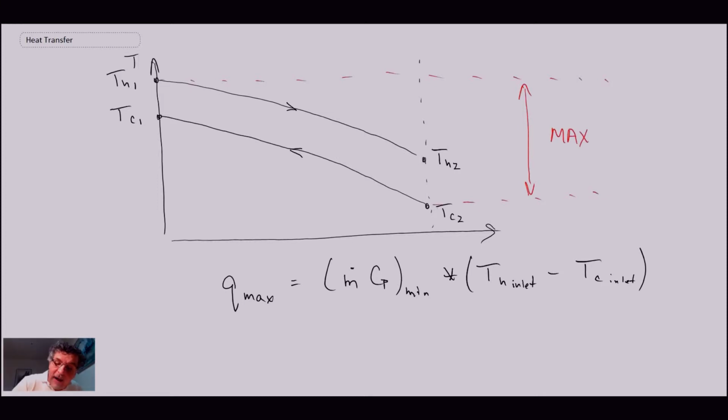With that, if you know your effectiveness and you know this value of Q max, you can determine the heat exchange that is occurring within your heat exchanger.